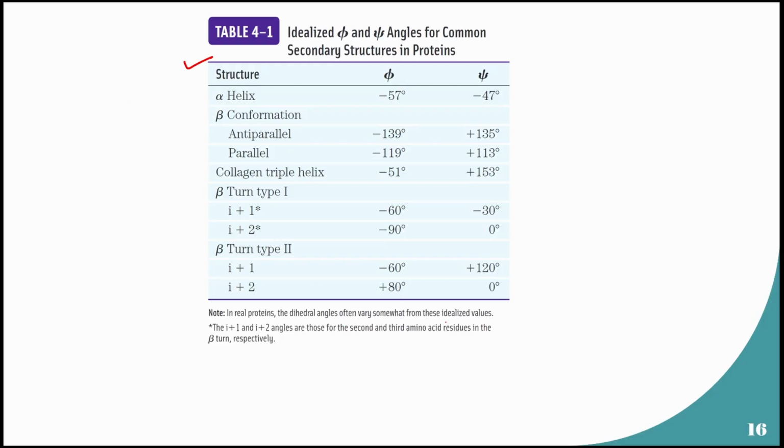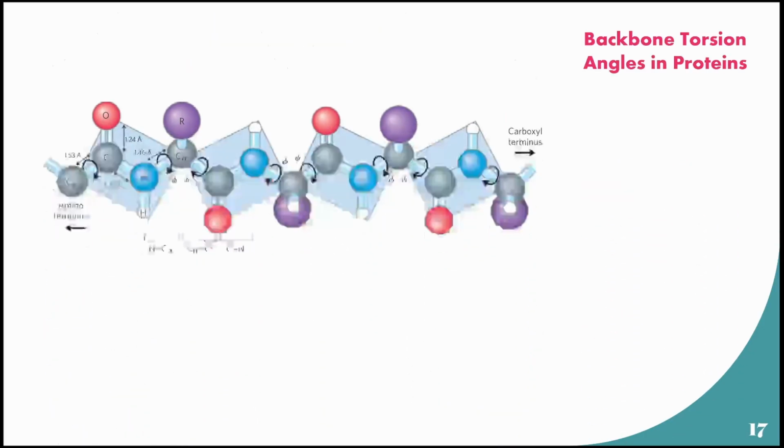However, these are only idealized values. In reality, you will see a certain bit of fluctuation in these structures, and the range that is allowed in a particular secondary structure is represented by one kind of plot.